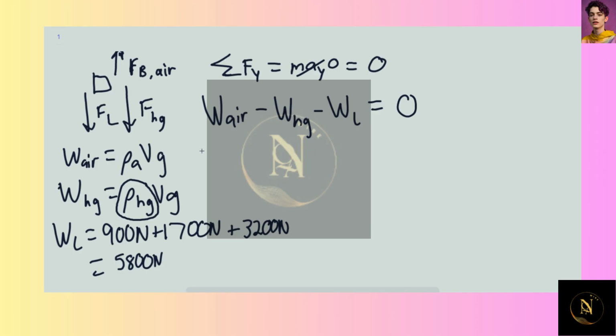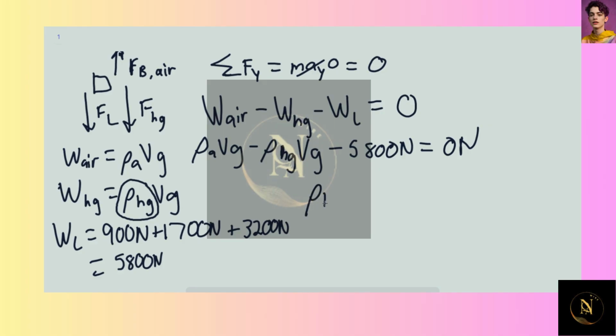Plugging in for our constants, we have the density of the air times the volume times gravity, minus the density of the heated gas times the volume times gravity, minus 5,800 newtons, must equal 0 newtons. So here we need to solve for the density of the heated gas.